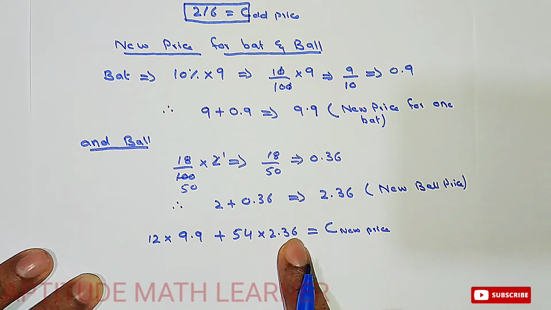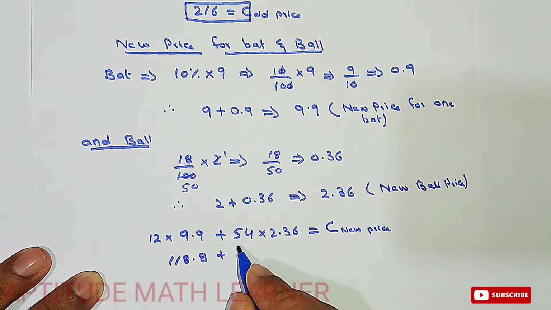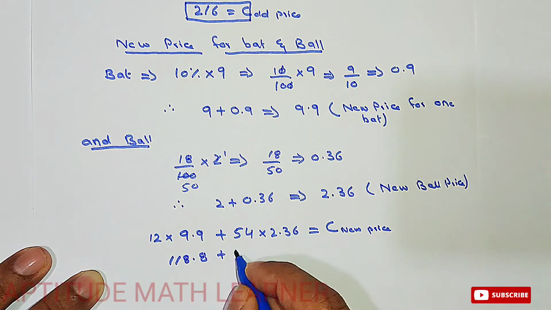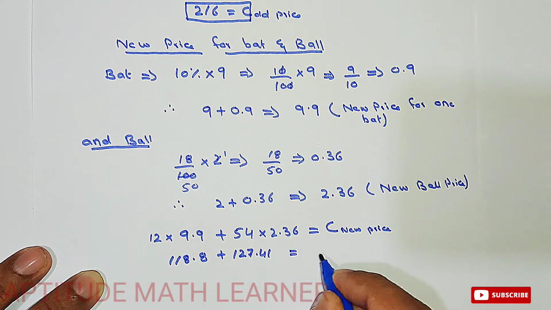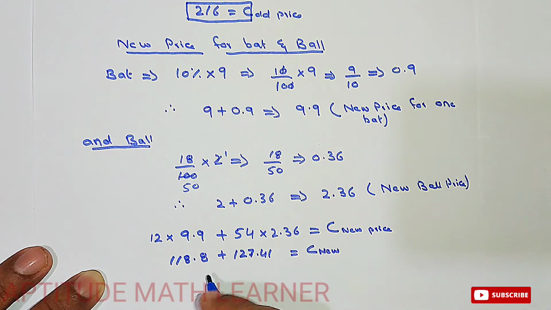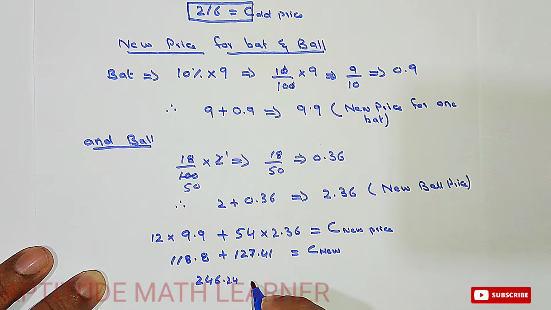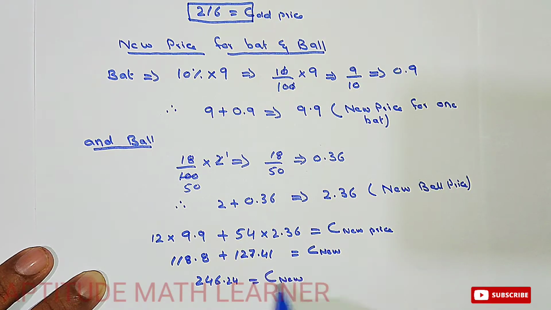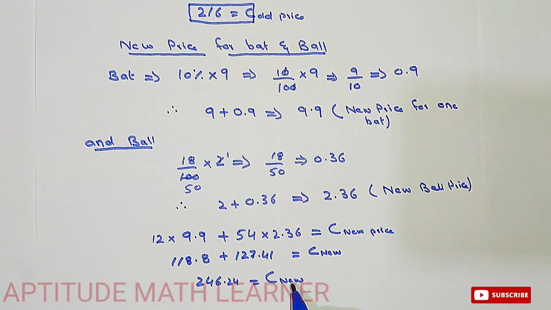This is 12 multiplied by 9.9, that is 118.8, plus if we multiply the other, we get 127.44, and that is C new. If we add both these, we get the answer 246.24, something like this, which is the cost for the new price in rupees after the increase of 10 and 18%.